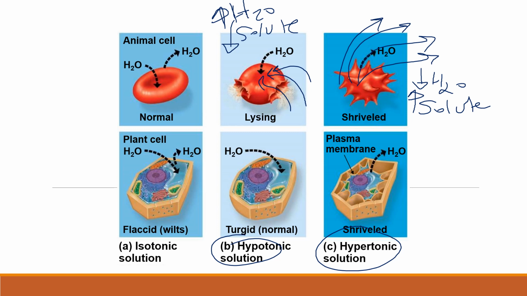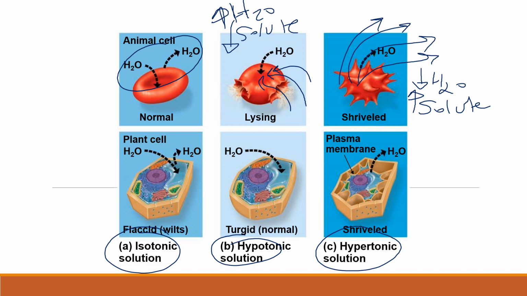What if you place your cells in an isotonic solution? Remember how we said iso means you have equal concentration of solute and equal concentration of water inside and outside your cell? So is the water going to move at all? Yes, the water is going to move, but you will notice that the water is going to move in and out at an equal rate.